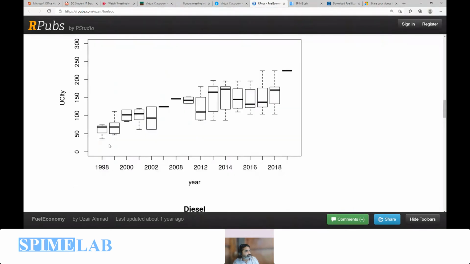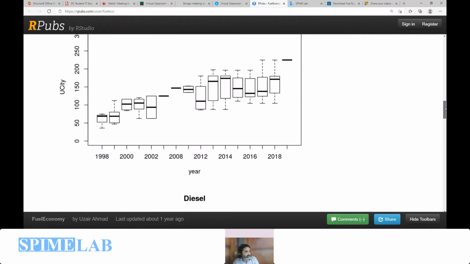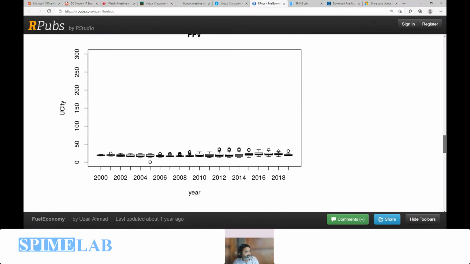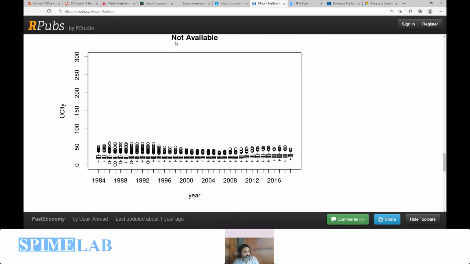You can also box plot them with respect to uCity. If you box plot the vehicles, how do they look over the years? Diesel engine, FFV, and there are going to be many NA values, not available. So many cars don't provide any information about ATV type, and you can look at their behavior.